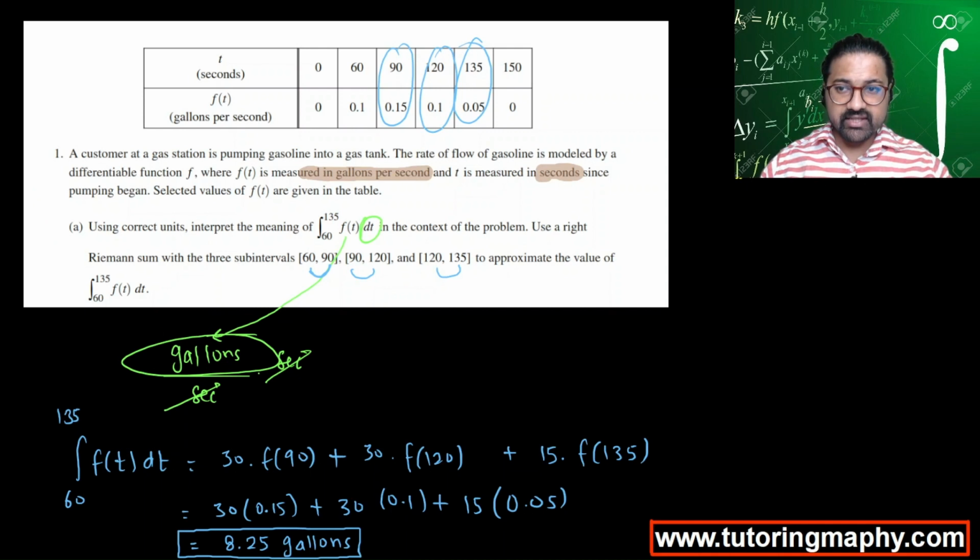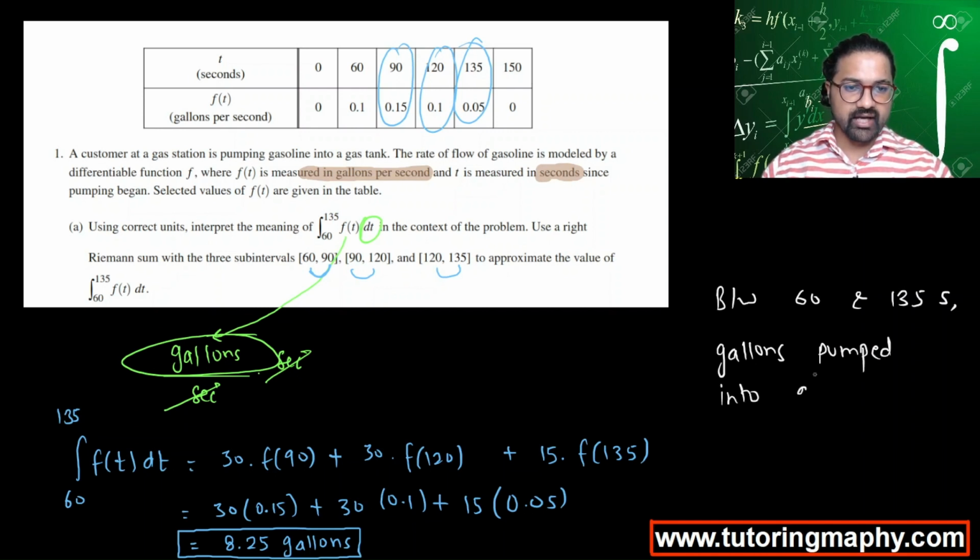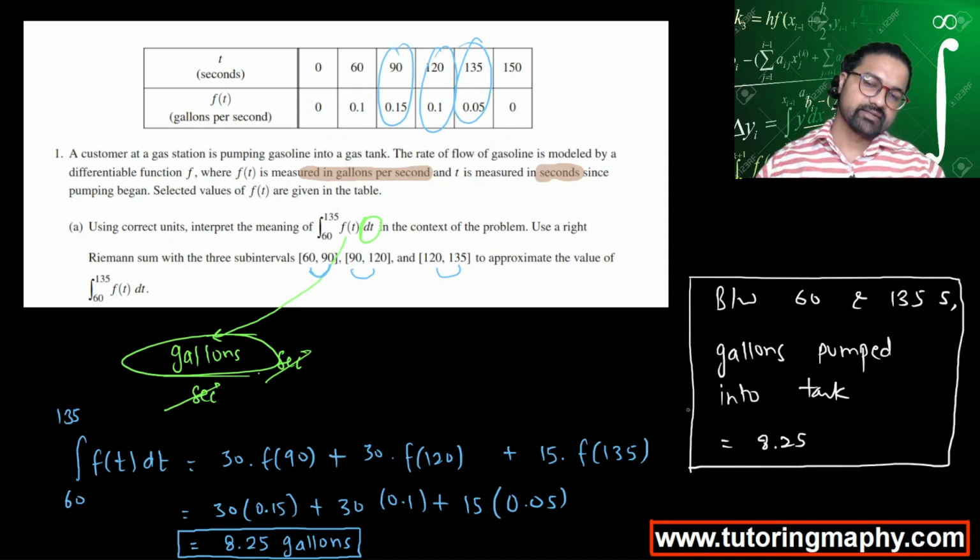So I'm going to write the interpretation over here: between 60 and 135 seconds, gallons pumped into the tank is equal to 8.25. This will be the significance or meaning of what we got as the answer. So this makes perfect sense, I hope.